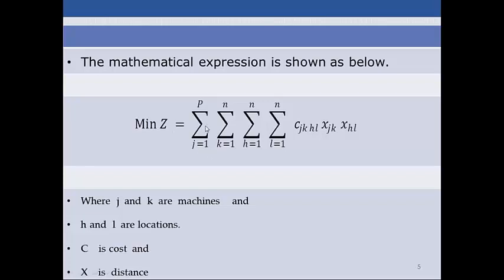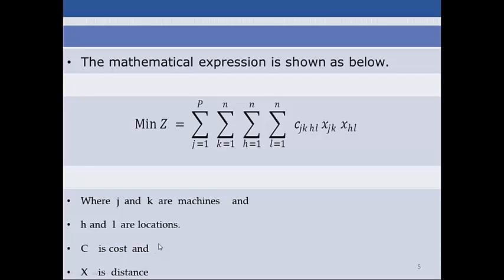j equal to 1 to P, k equal to 1 to N, h equal to 1 to N, l equal to 1 to N, C, X, X, where j and k are the machines and h and l are the locations. Meaning from one machine to another machine, from one location to another location, whatever jobs are moving, that number of jobs, and the cost for movement of the job from one machine to another.